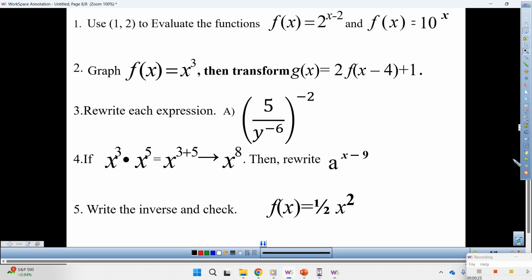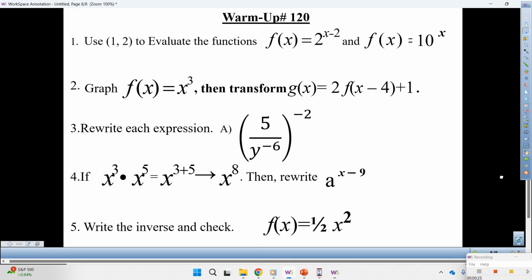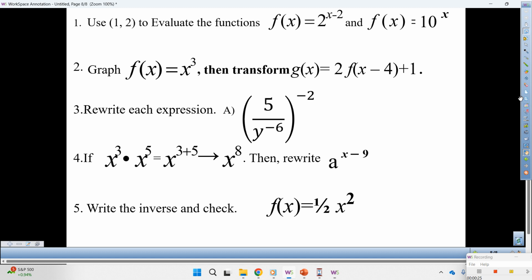All right, so warm-up 120. Let me go over this really quick. I'm going to do the base 2 with blue.